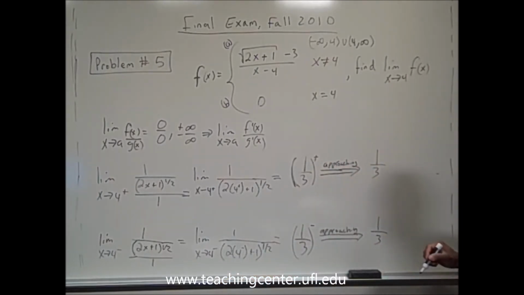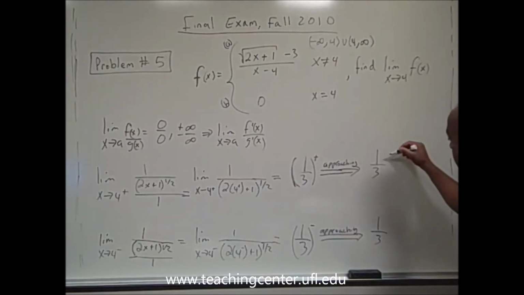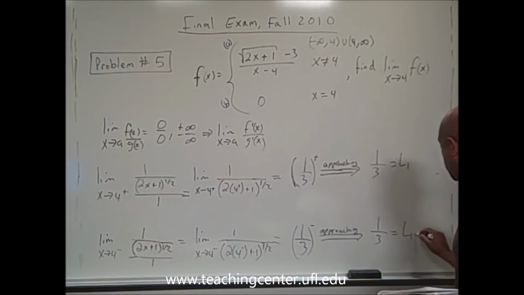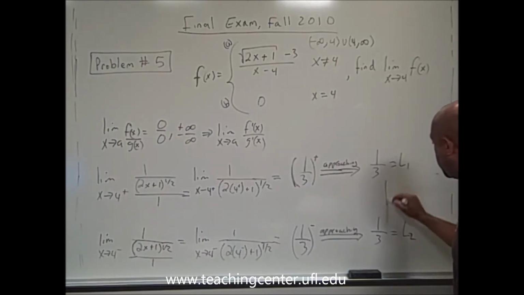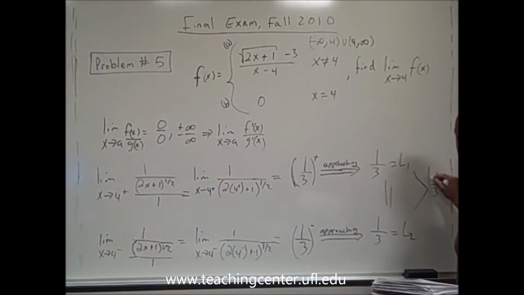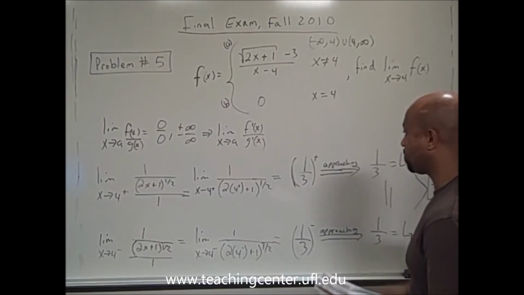Okay, so we can see that this limit, which we call L1, is equal to L2. These two are equal, and so that's equal to our limit L, which is just 1/3. Okay, and that's the answer, 1/3.